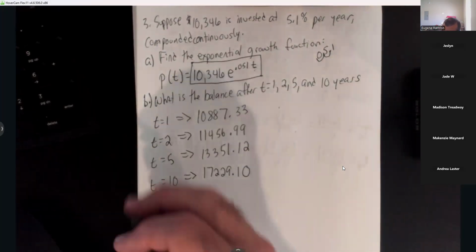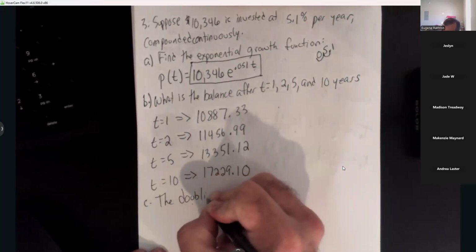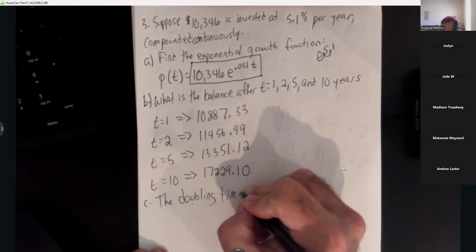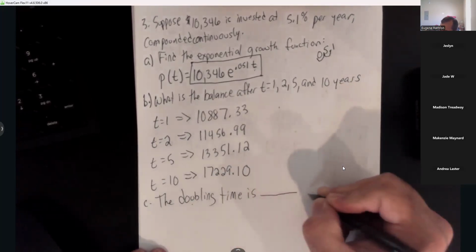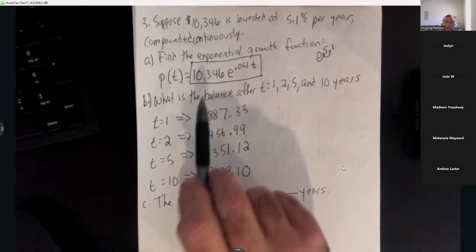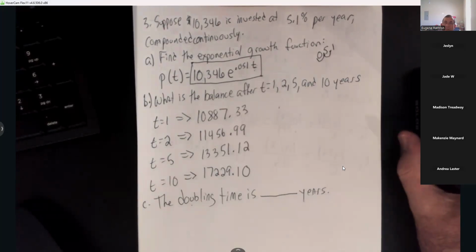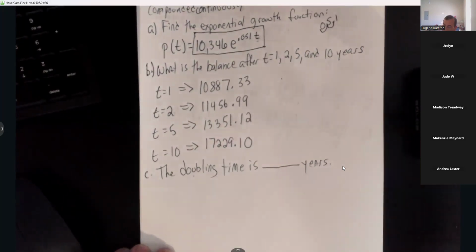All right, y'all, the last thing they want to know, the doubling time is blank years. How long is it going to take my $10,346 to double?